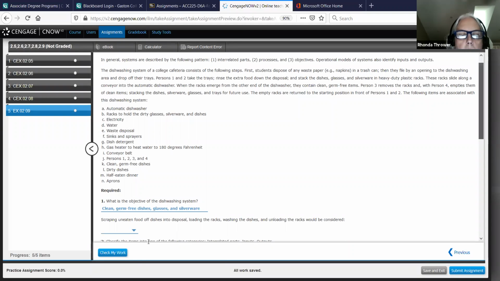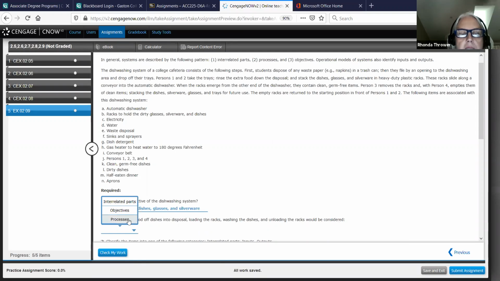In the second part of this part 1 problem, they refer to scraping the uneaten food off the dishes into the disposal, loading the racks and washing the dishes, and unloading the racks. These are the activities of the employees.